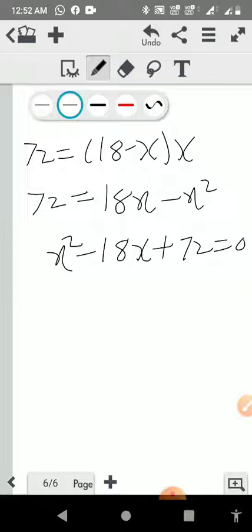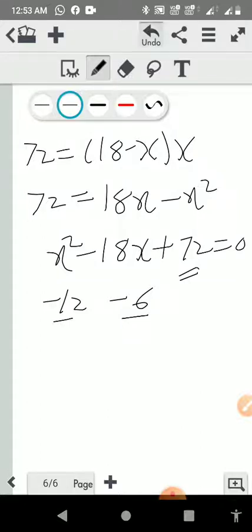According to the factorization method, the product of these two numbers should be 72 and the sum should be 18. I can find these two numbers as minus 12 and minus 6. Minus 12 into minus 6 is 72, and minus 12 minus 6 is minus 18.